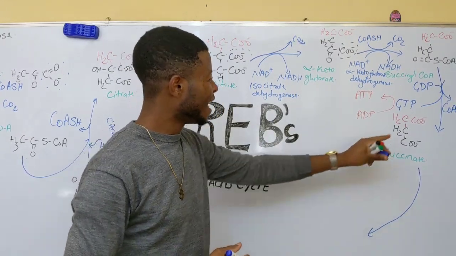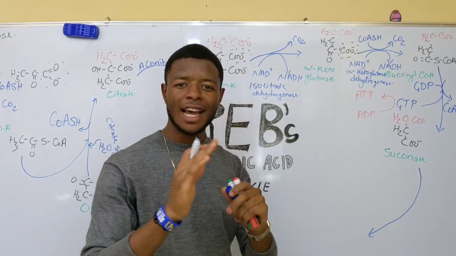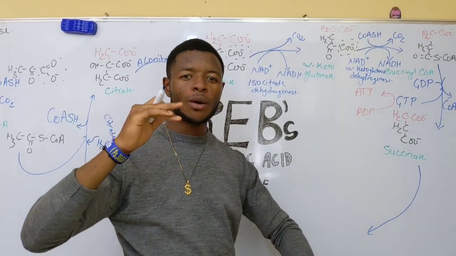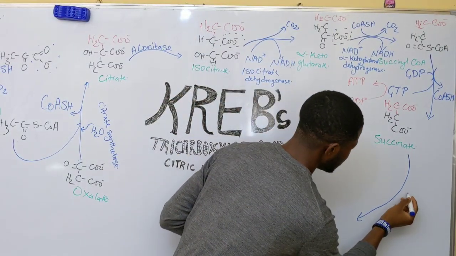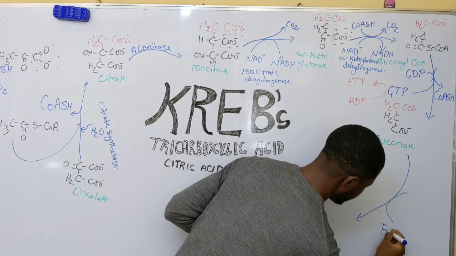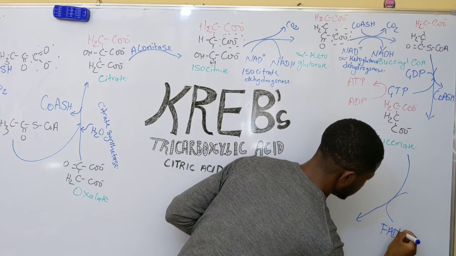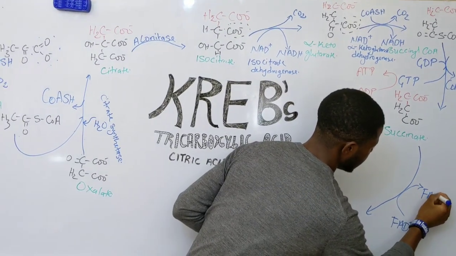I will carry out dehydrogenation here. But the dehydrogenation is special, not as the one we have been seeing before. We are going to be using FAD+ during dehydrogenation, to form what? To form FADH2.